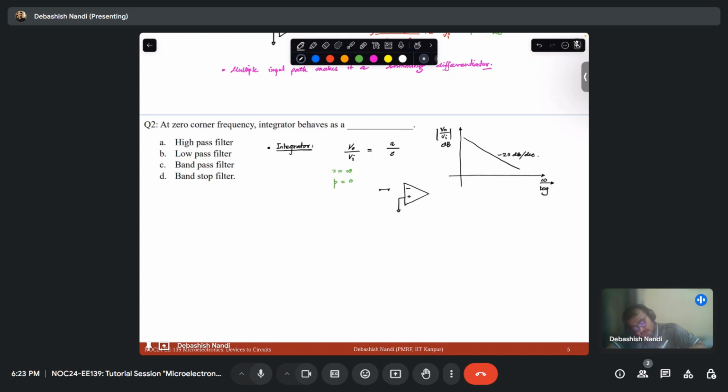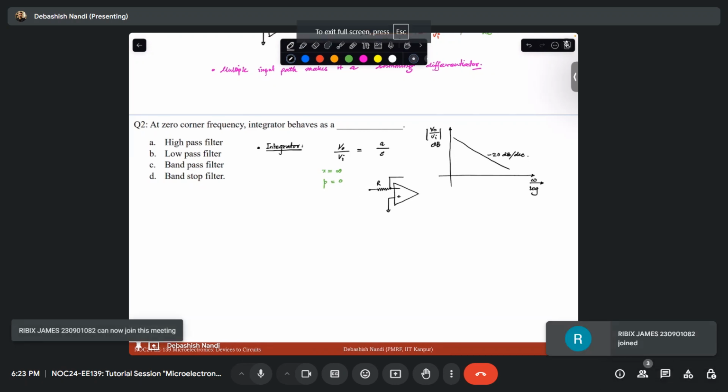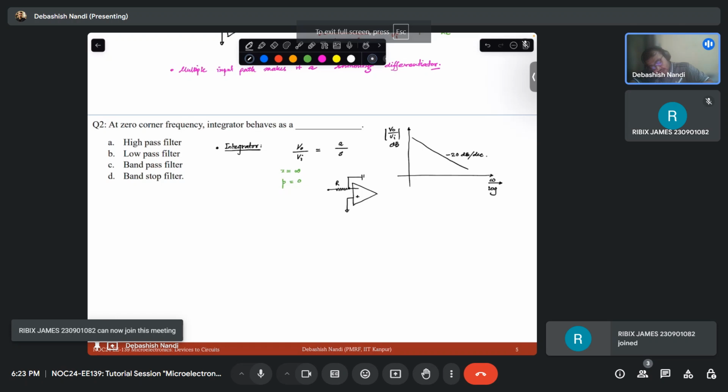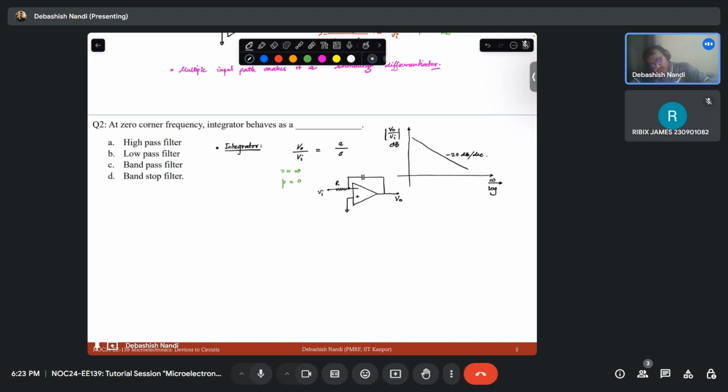You apply your input through a resistance, and you simply connect a capacitance in the feedback path. So this is your V out, this is your V in, and this will be your CF.